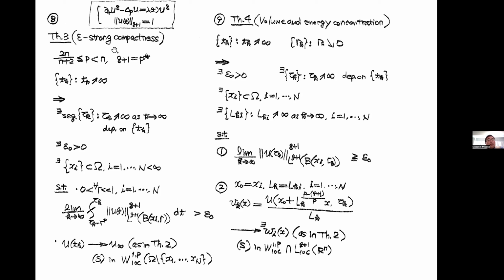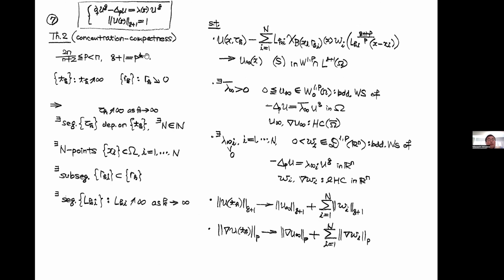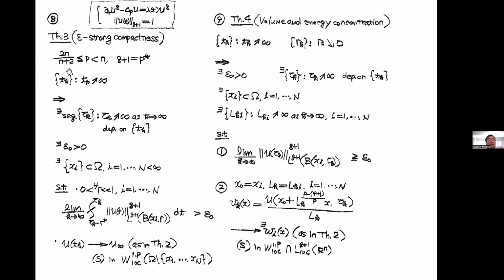Now I show you the so-called epsilon strong compactness. We suppose P satisfies the same condition as in theorem 2. That is, P is larger than or equal to 2n over n plus 2 and less than n, and q plus 1 is equal to P star.